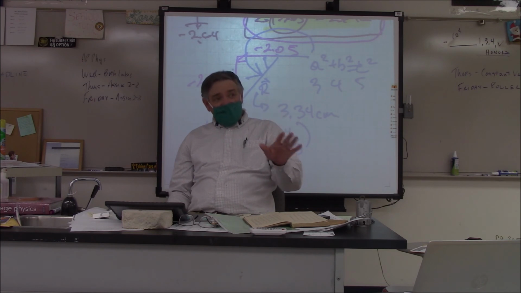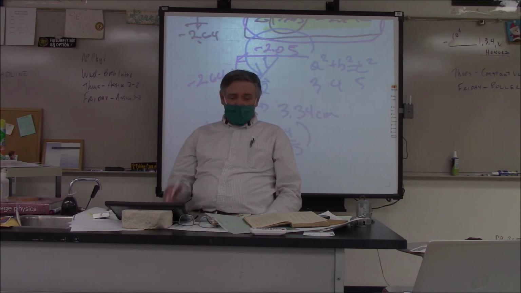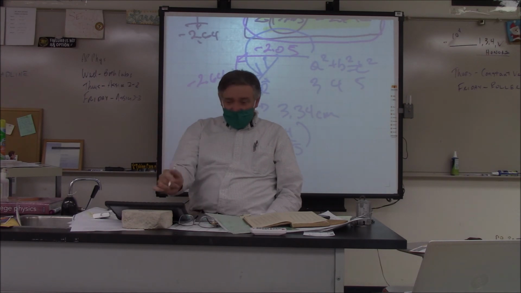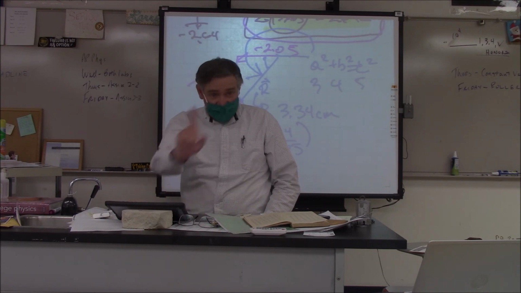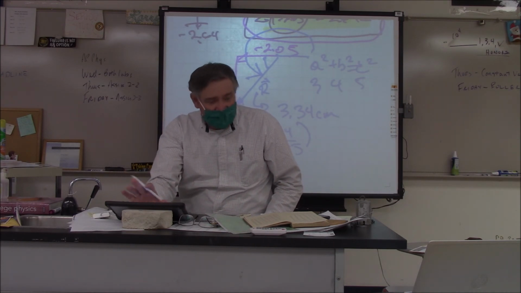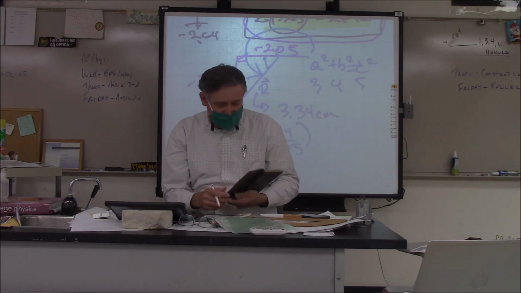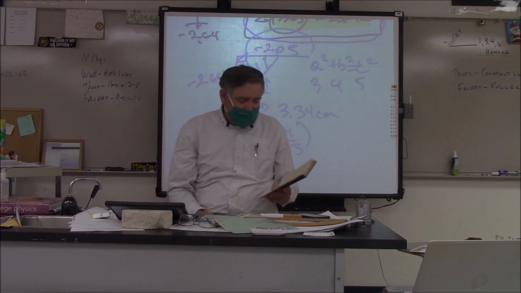Now, this was the time-consuming part when you were doing this process, because if you were trying to find the angle, here's the first thing that you'd have to do. You'd have to divide 2.64 by 2.05. So do that. Just give me the number. Take 2.64 and divide it by 2.05. 1.29. Okay?